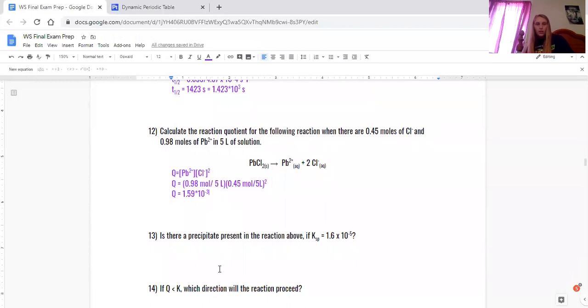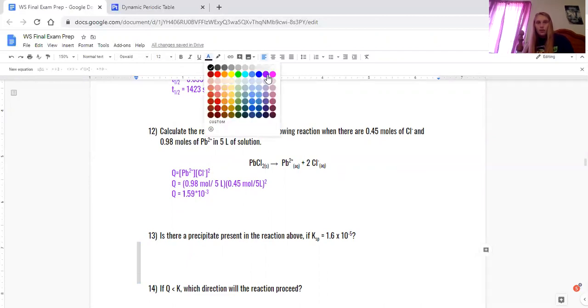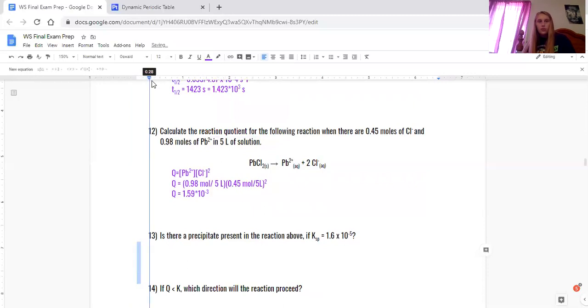All right, on to number 13. Is there a precipitate present in the reaction above if the KSP is 1.6 times 10 to the negative 5? And so remember that if Q is greater than K, it's saturated and therefore there's precipitate. If Q is less than K, it's unsaturated and there's no precipitate. And if Q is equal to K, then it's at equilibrium and it's saturated, but it's at the point where it's about to form precipitate, but there's not one yet.